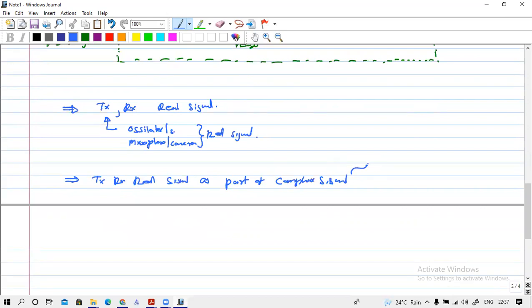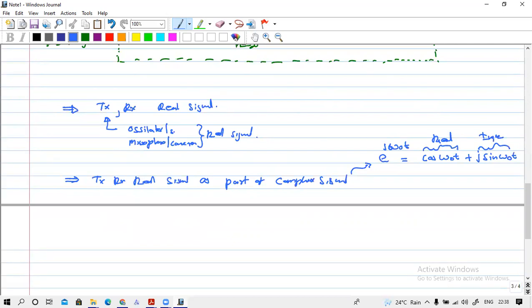You know that if we have e to the j omega naught t, this complex exponential signal, we can represent it using the Euler formula: cos omega naught t plus j sine omega naught t. You can see that this is the real part and this is the imaginary part.